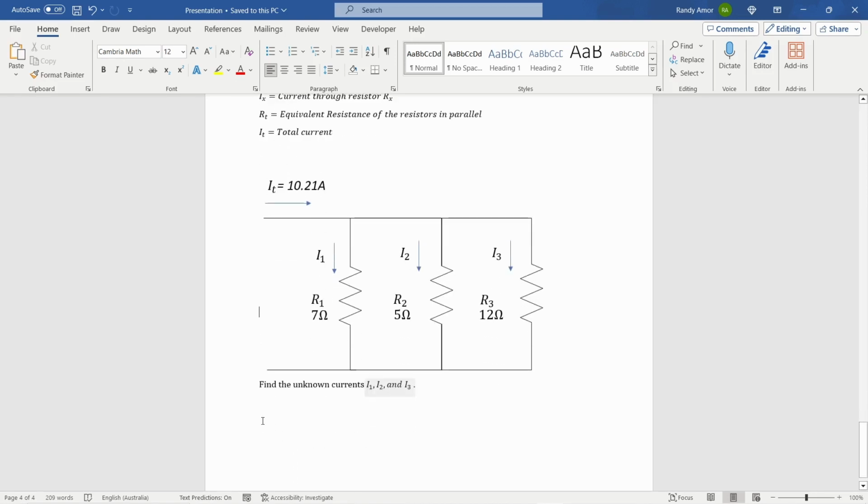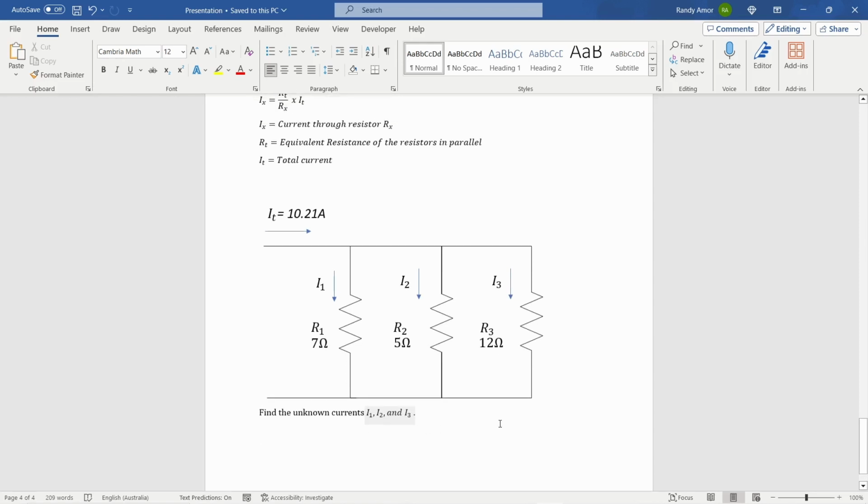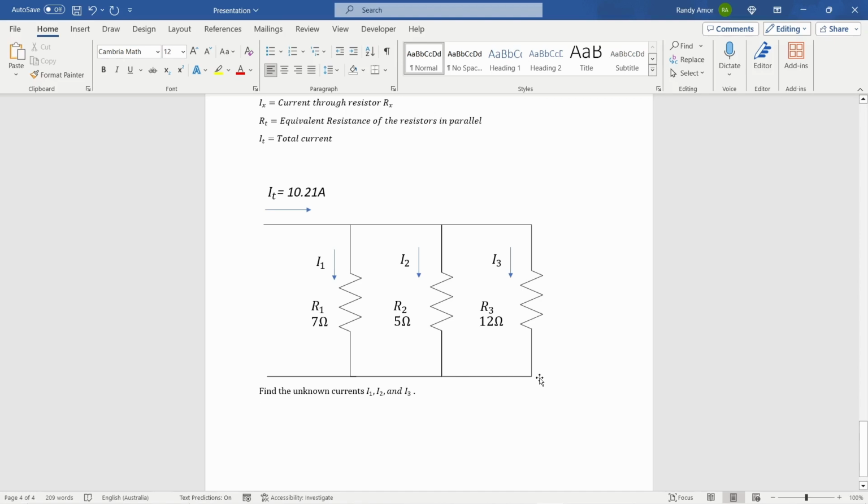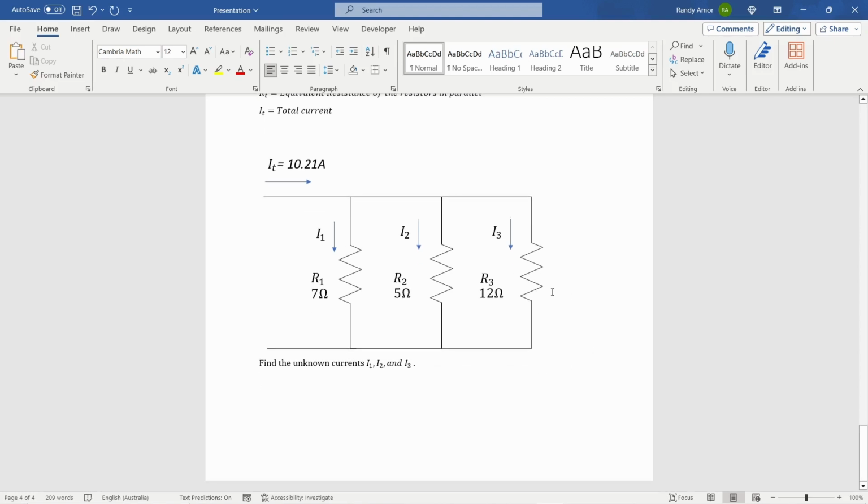If we apply the current divider theorem to find I1, X there is 1. Whatever current we're calculating, the subscript is the value of X. We're going to use the same 3 resistances in parallel as in the first example above, and the total current is 10.21 amperes.